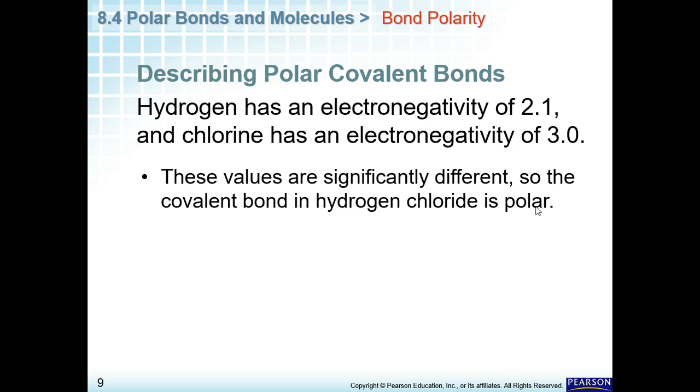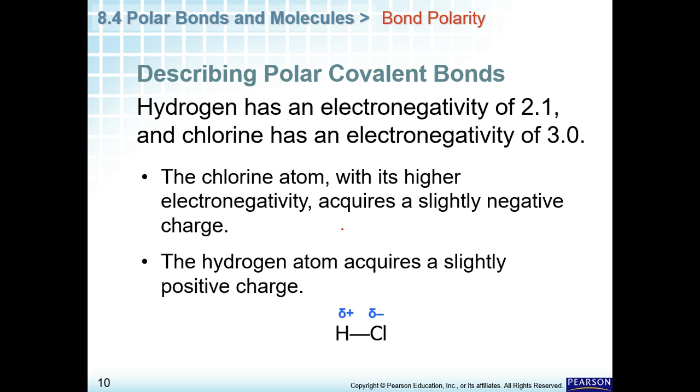If we look at two elements, hydrogen and chlorine, hydrogen has an electronegativity value of 2.1, whereas chlorine has an electronegativity value of 3. These values are quite different from one another. So if hydrogen and chlorine come together to form a compound, those electrons are going to be closer to chlorine. Chlorine has the higher electronegativity value and gets a slightly negative charge, and hydrogen has the lower electronegativity value, so it gets a slight positive charge.